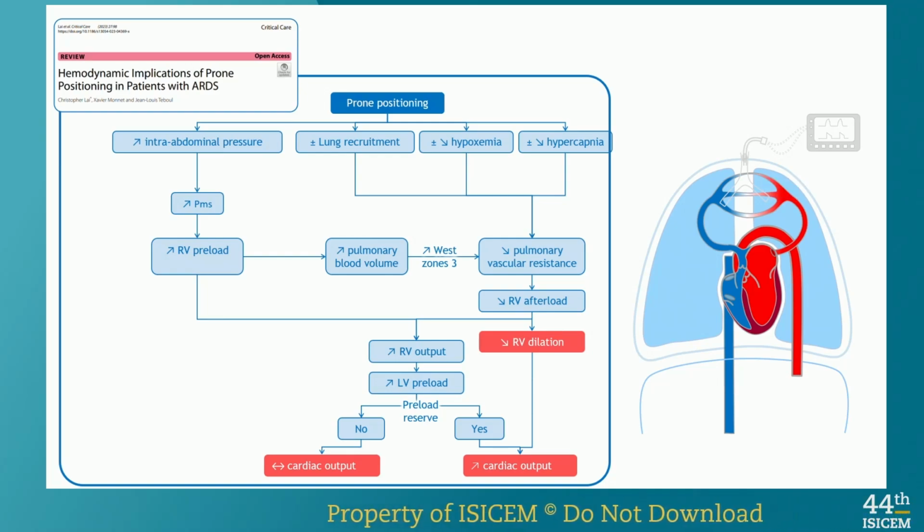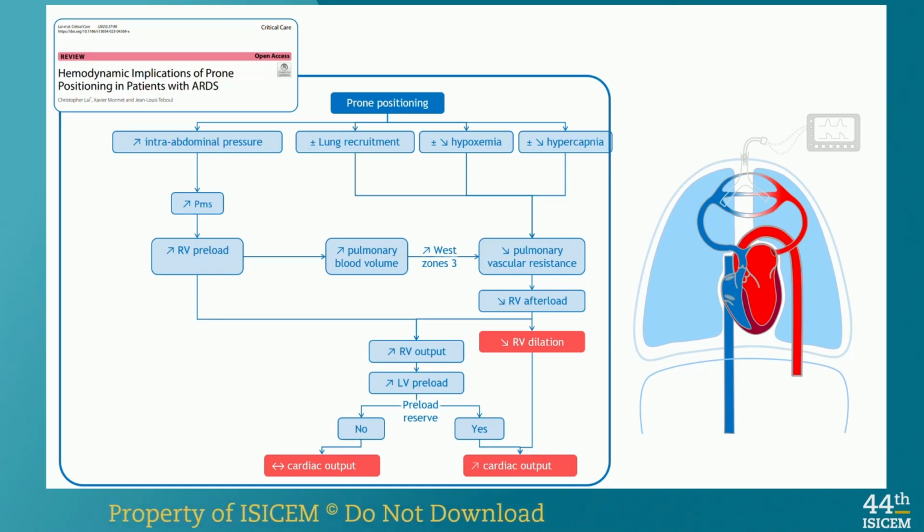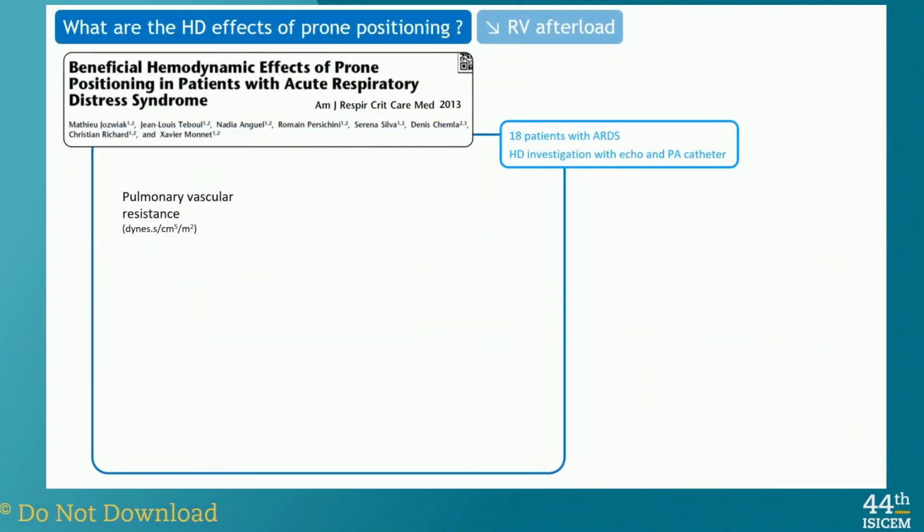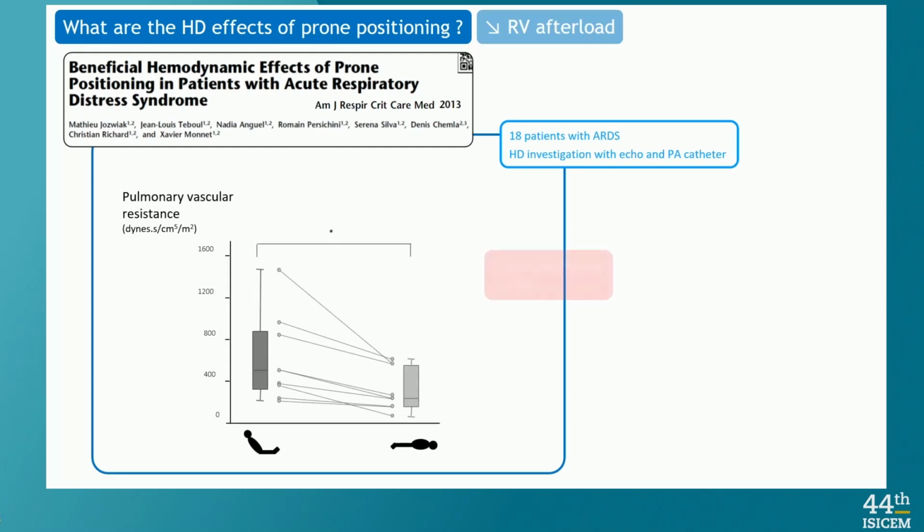Indirectly, this may improve cardiac output in case of ACP by reducing the size of the right ventricle. This unloads the right ventricle, and perhaps it's the most important effect of prone positioning. And indeed, in this study, for instance, we observed this decrease in pulmonary vascular resistance, which was very significant in some patients.